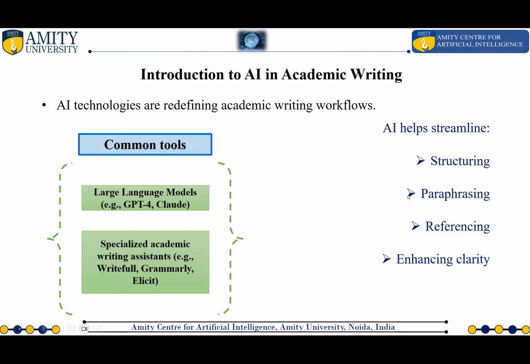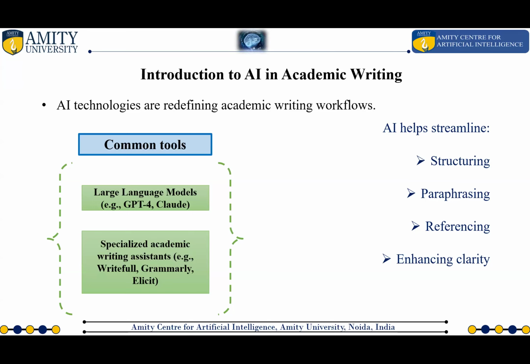So what once took hours of manual work can now be assisted by AI systems in much less time. The various common tools available using AI for academic writing are large language models, for example GPT-4, Claude, and specialized academic writing assistants.